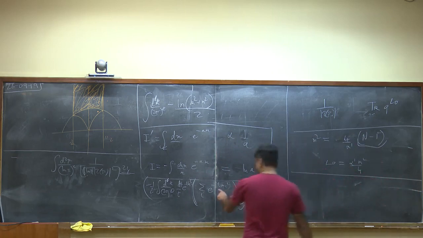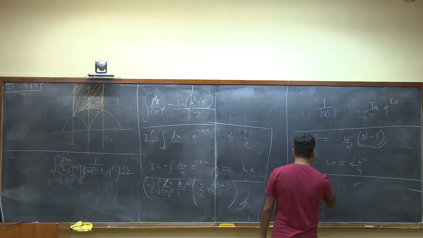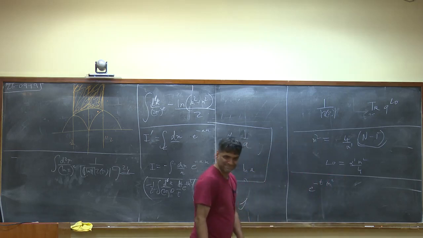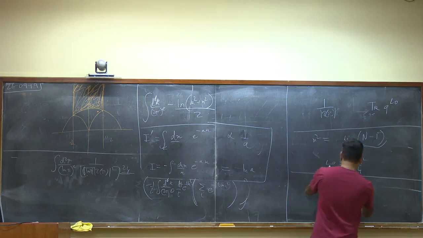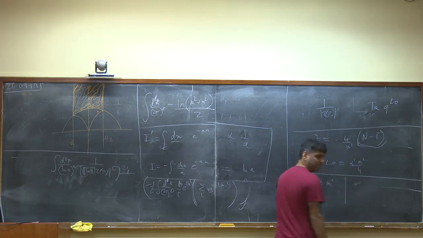So summing, what we wanted was e to the power minus t summed over all m_I squared. I'm going to give you the claim and you see if you agree with me.